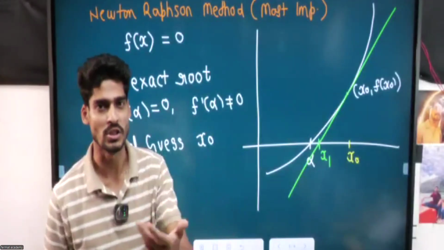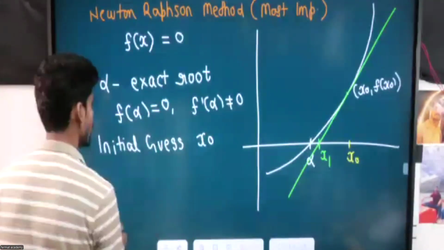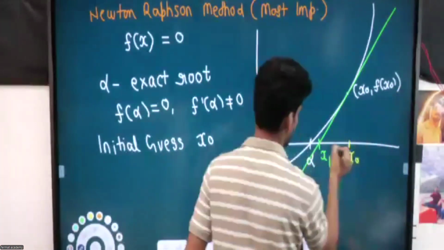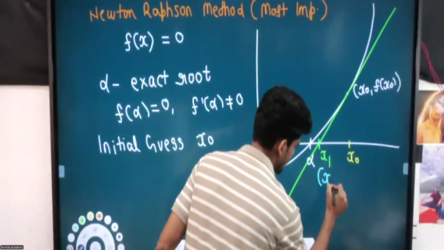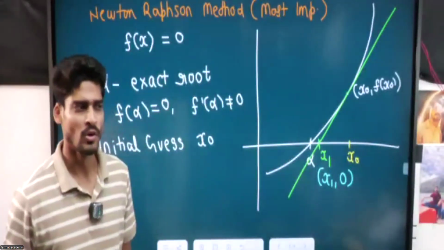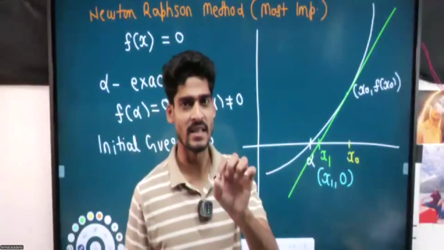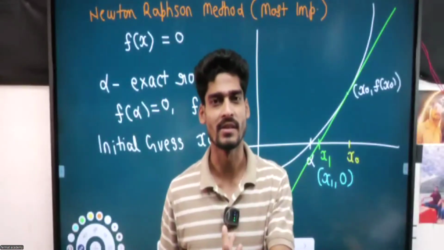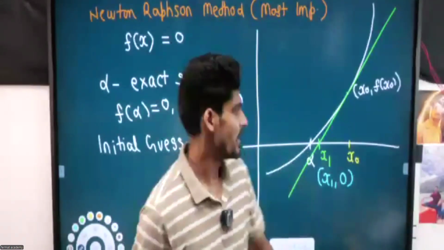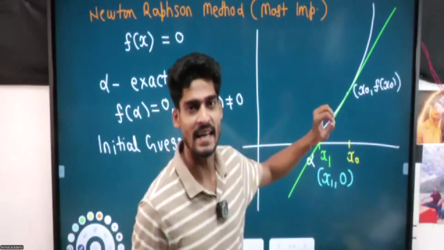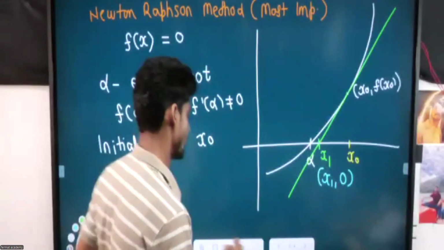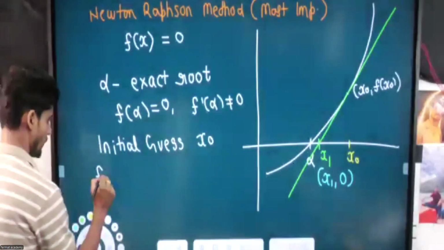and repeat the process. So what will happen? Now we have 2 points. This point is (x0, f(x0)), and this point is (x1, 0). Do you know what the slope of the tangent is? If I want to find the slope of this tangent at point x0, that will be given by f'(x0). What is f'(x0)?